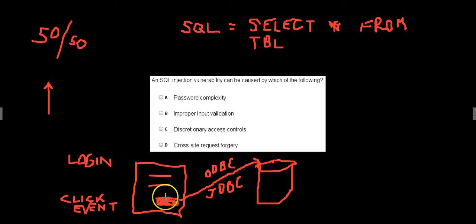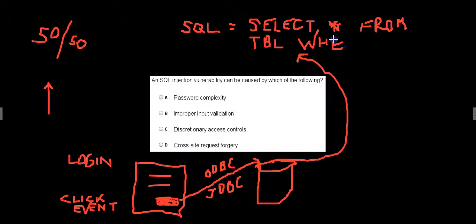And then inside of the click event here, there's some code, and it says, hey, select all from database table, and then underneath that, you throw in a where clause: where UID equals, let's just say B McGee.